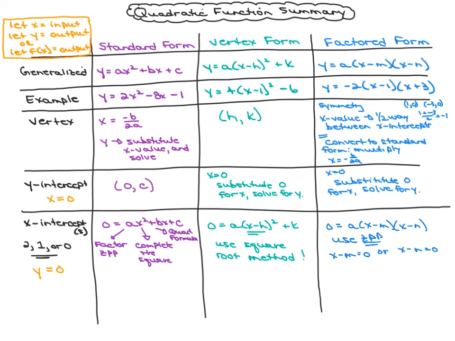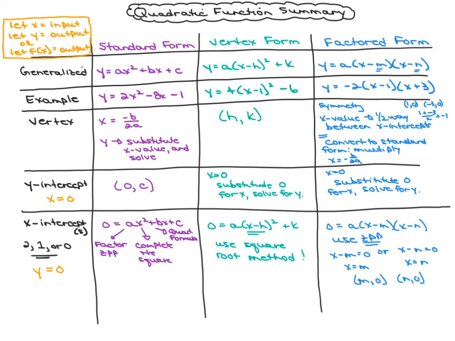If I add m to both sides, that means my x-intercepts are either m or n. And this is why we have that subtraction there that I talked a little bit about in the beginning, because that means we're subtracting the actual x-intercepts, and they're super easy to find here.